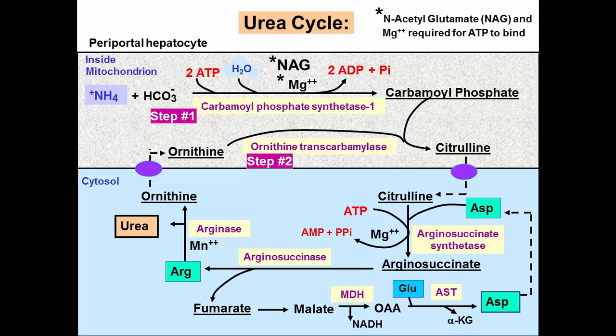Note that the carbon for urea synthesis comes from CO2. So where's CO2 coming from? Well, yes and no, right? Yes, it is coming from the lungs, but not necessarily into the intestine, right? You think about what the lungs are doing.